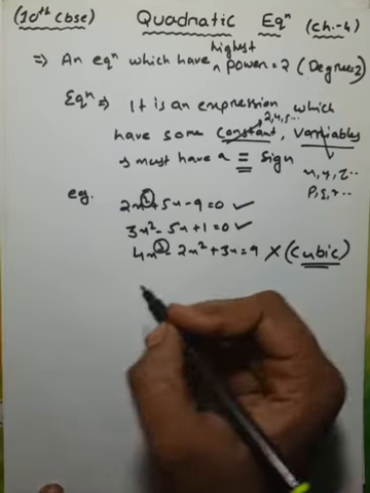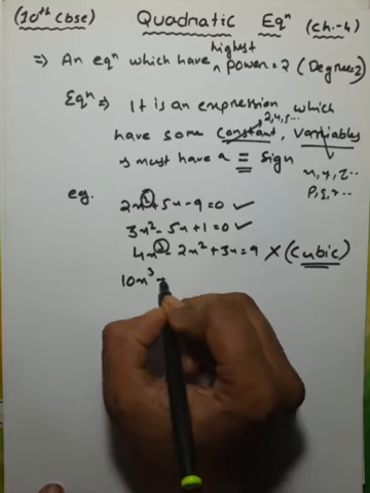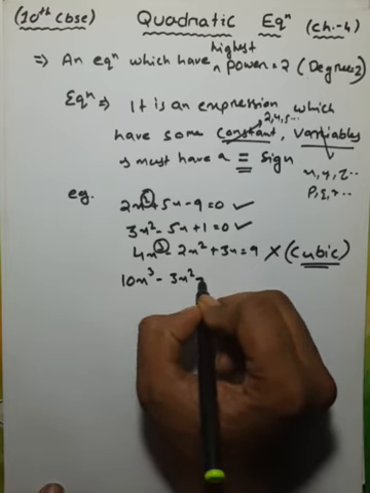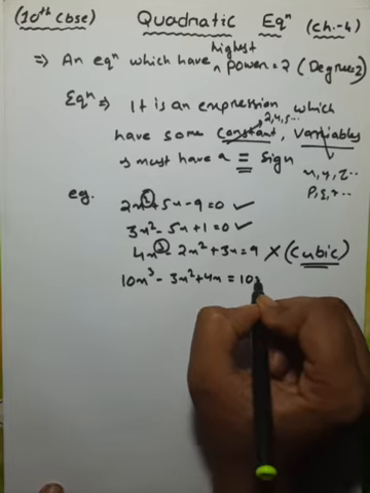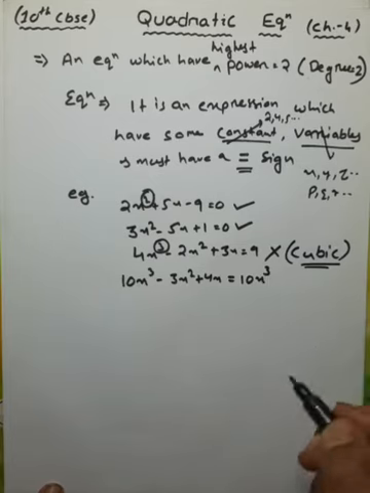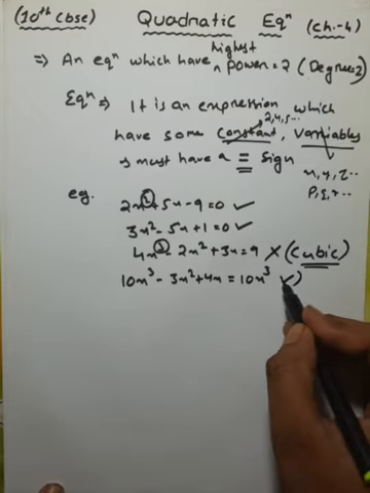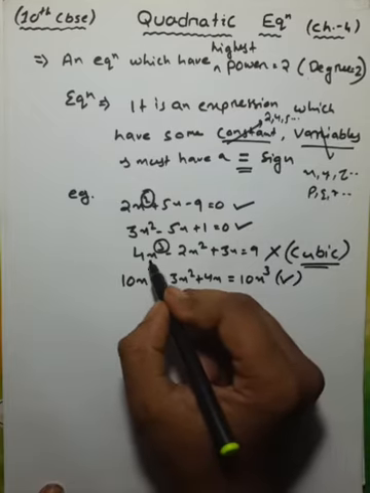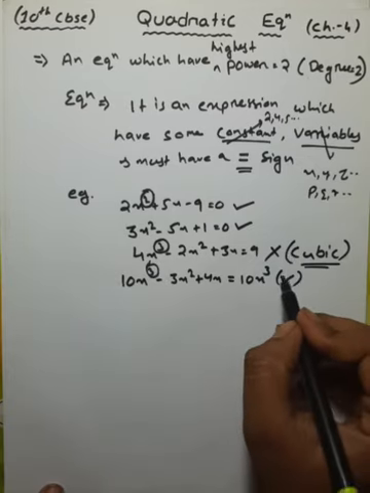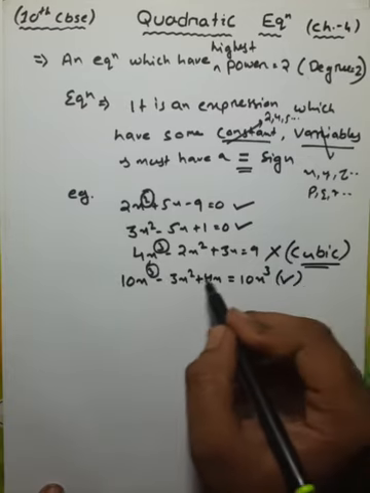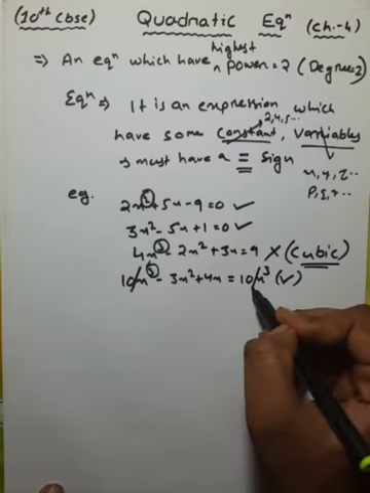Let us take another example. 10x cube minus 3x square plus 4x is equal to, let's suppose, 10x cube. See, this is a quadratic equation. Why? You may say the highest power is 3, so this should be a cubic one, but no. This is quadratic because this 10x cube and this 10x cube can be cancelled.